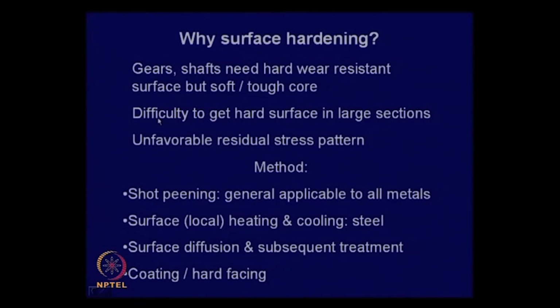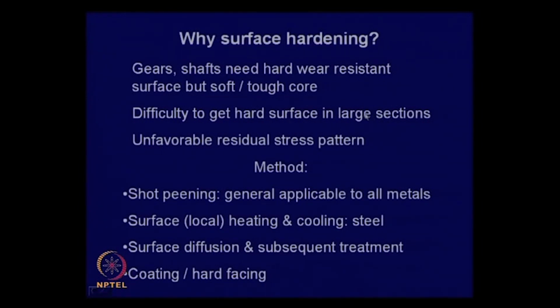Now, the problem is the difficulty of getting a hard surface in large sections. Some of these gears have quite a large section size, and shafts are indeed very thick components. So, it is virtually impossible to get full hardness by quenching that whole component. Not only that, when you quench a very large component, the thermal gradient will be so high that the thermal stresses will be very high.